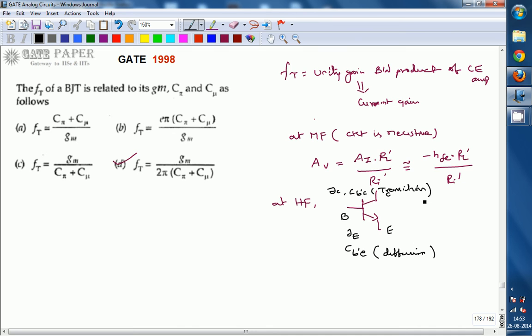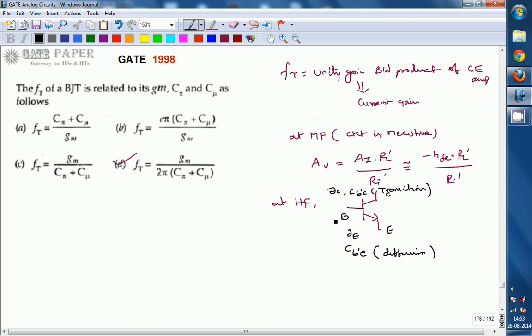Because for a BJT to act as an amplifier, it must be in the active region. The active region means emitter base junction forward biased, collector base junction reverse biased. Under reverse bias at high frequencies, transition capacitance dominates. Under forward bias at high frequencies, diffusion capacitance dominates.